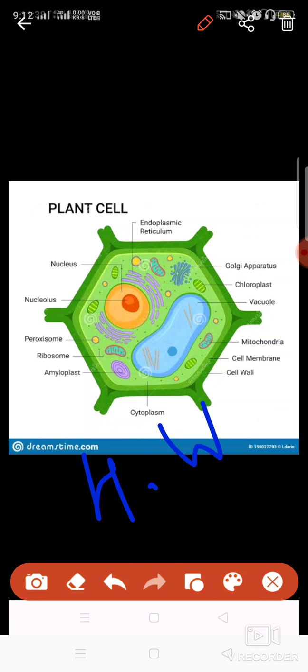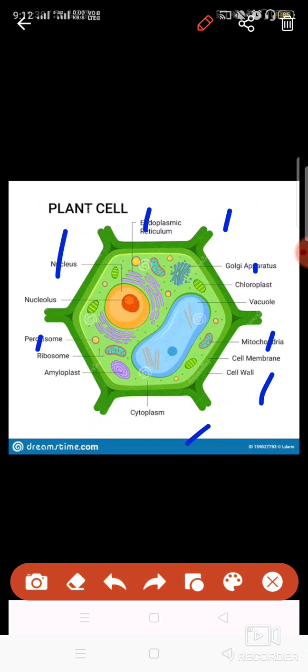If you don't find any neat and clean diagram, you can use this structure, as I gave you homework to draw a diagram. Here you will find all the structures are similar to what I told you, and the structure is neat and clean also. You must draw this. Okay, so now the topic is completed.